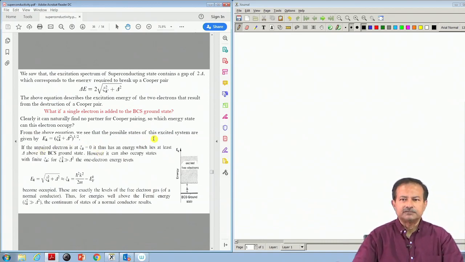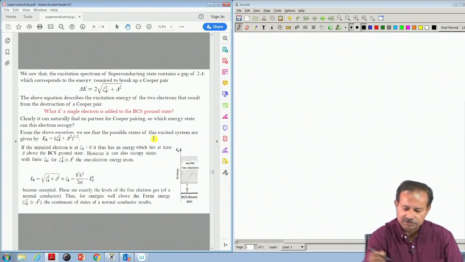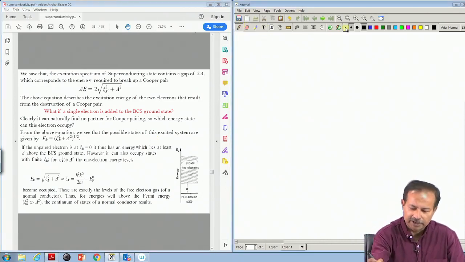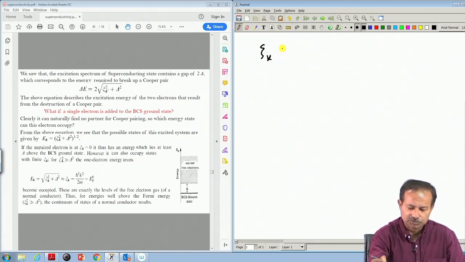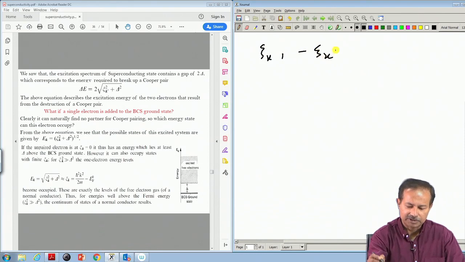If you had a normal metal like a degenerate Fermi gas, then to add an electron you have to give this energy, E of k. To add a hole you have to give energy minus E of k.